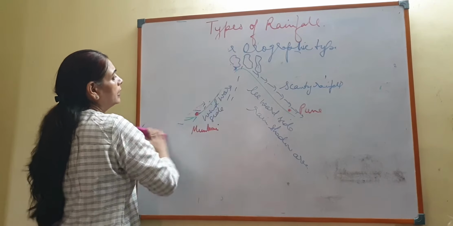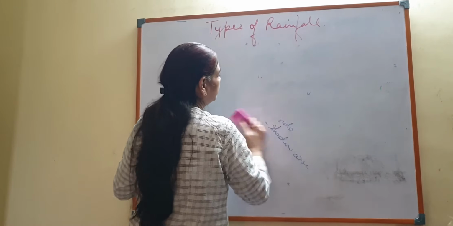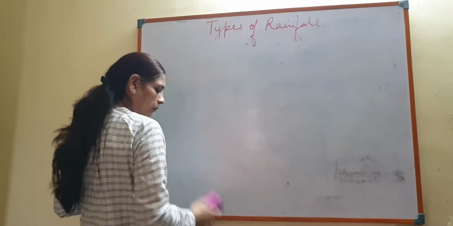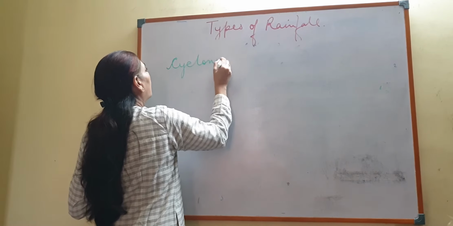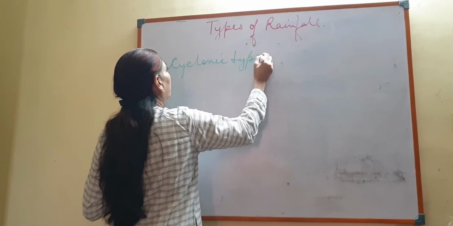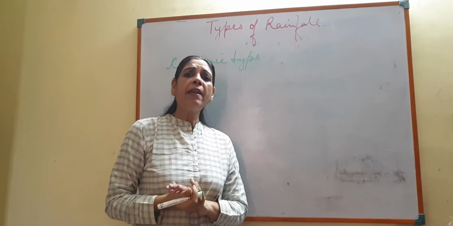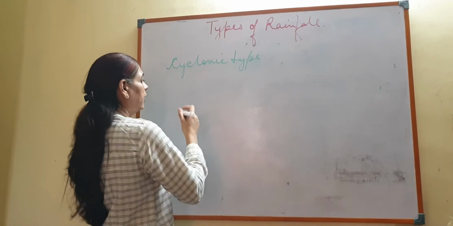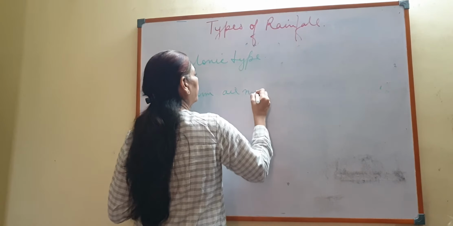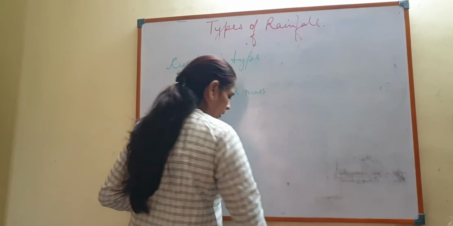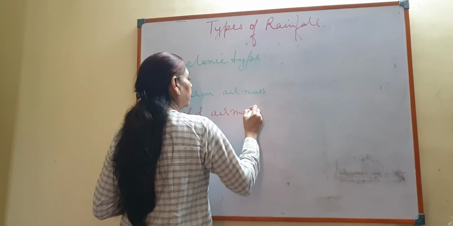Next is cyclonic type of rainfall. In the cyclonic type of rainfall, what happens? The warm air mass and the cold air mass merge.